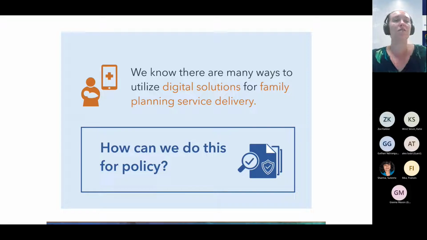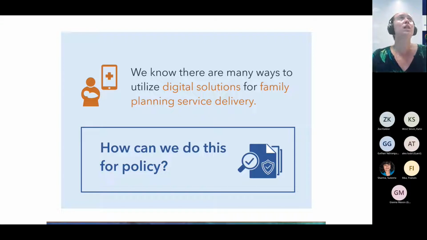What's missing is the understanding of how we can do this specifically for policy. Currently there doesn't exist a very thorough and documented understanding of use cases of digital solutions specifically for policy work. So our work for this activity under HP Plus focused on family planning policy work and how we can fill that gap.